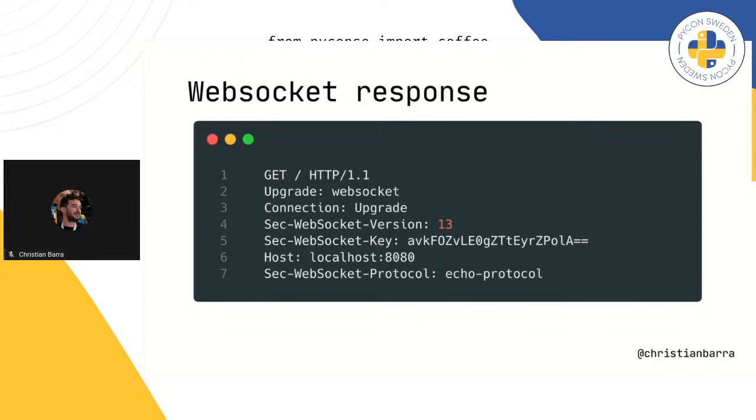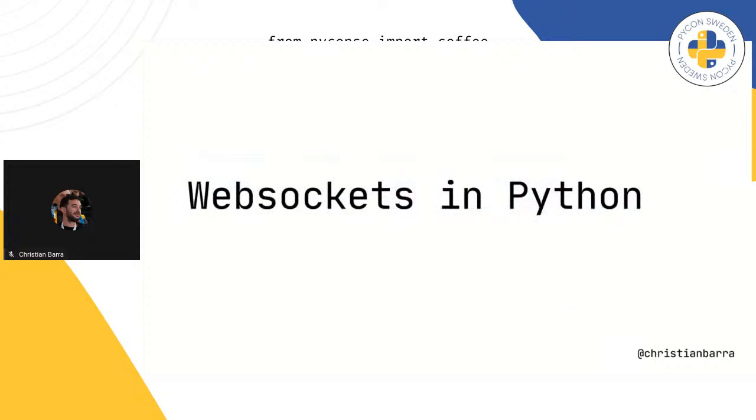Now, if we talk about WebSockets in Python, there are a few things that we need to consider. Python is not an asynchronous language by default, so out of the box, it's not super easy to implement either a WebSocket server or a WebSocket client in Python.